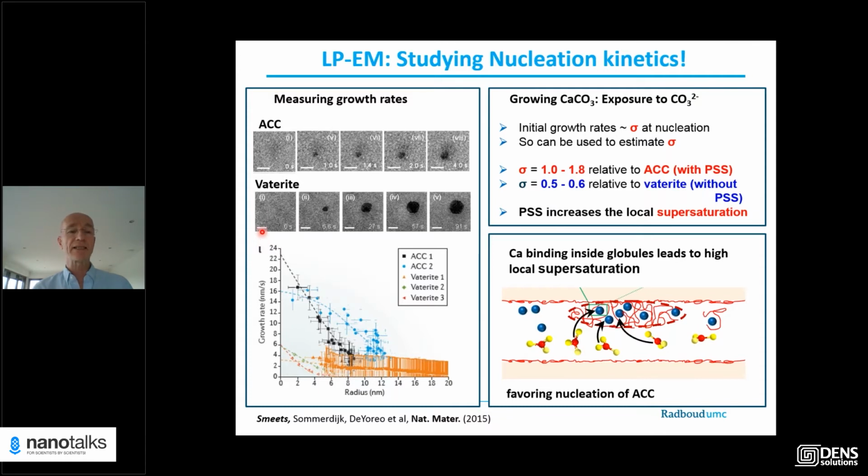And we could see that the formation of amorphous calcium carbonate in the presence of these polymers follows a different timeline than the formation of vaterite in the reaction without the polymers. From that information, we can get information about the supersaturation of the solution, and in fact, we can work out the mechanism by which these crystals form.